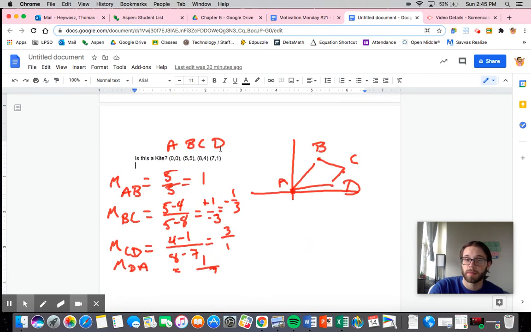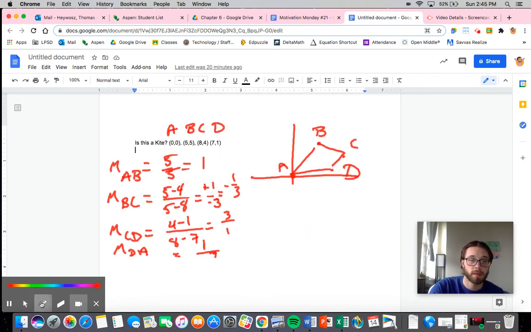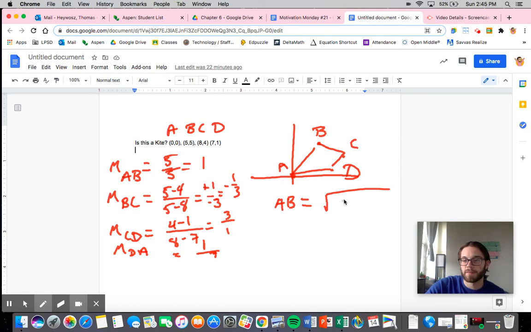So let's go through the process of looking at the lengths. Let's look at AB. Now, conveniently, this is 0, 0. So what do we know about that? That's going to be a change of 5, right? So 5 squared plus 5 squared is going to be the square root of 50, which is equal to 5 root 2, because 50 is equal to 25 times 2.